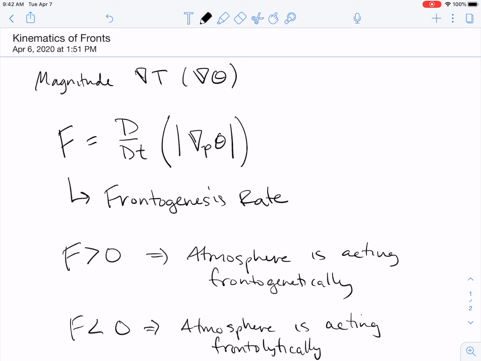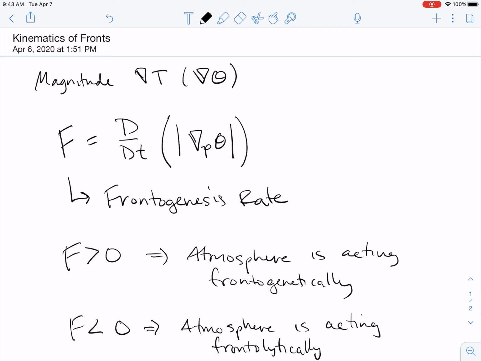Now, what this doesn't mean is that if F is greater than 0, we're going to get a front, or if F is less than 0, we're going to get rid of a front. But primarily that the atmosphere is undergoing frontogenetic processes if F is greater than 0, or frontolytic processes if F is less than 0, meaning that the atmosphere is geared towards increasing the strength of the magnitude of our temperature gradient if F is greater than 0. And so it can help highlight regions that we want to watch for that may, in fact, develop a front. But it doesn't absolutely guarantee it.